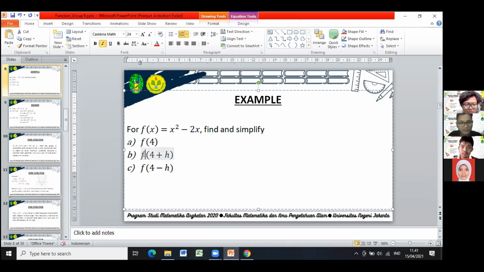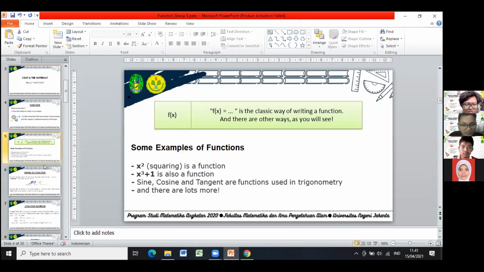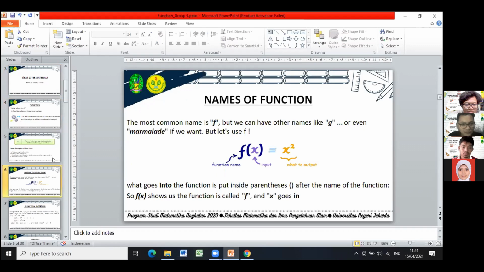Because this f is the function and the h is the input. Okay, we can see this function name, the f(x), and the x is input. Okay, right. You're right. Okay, Mrs.